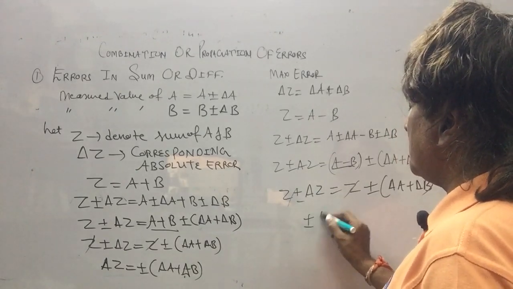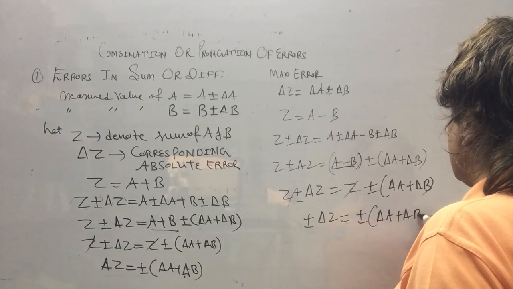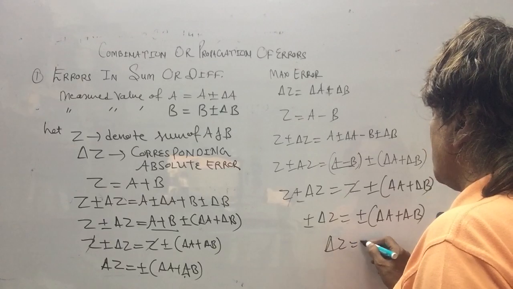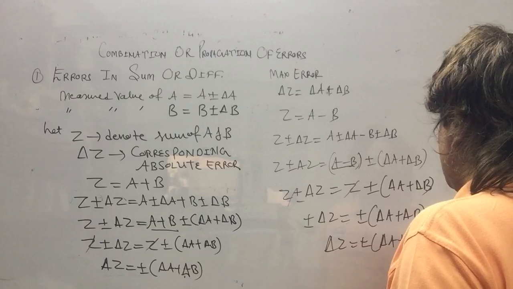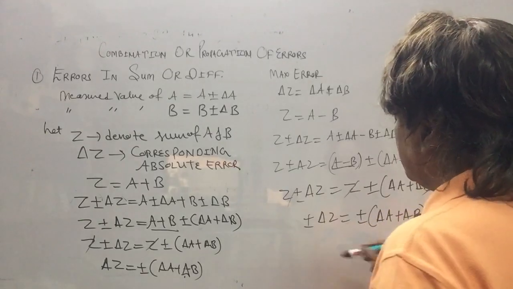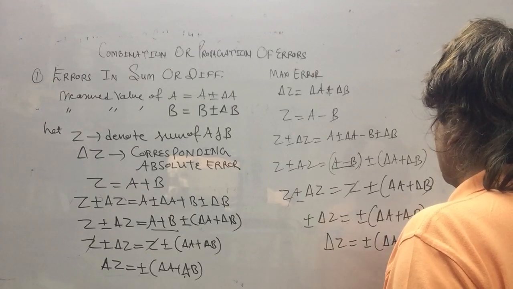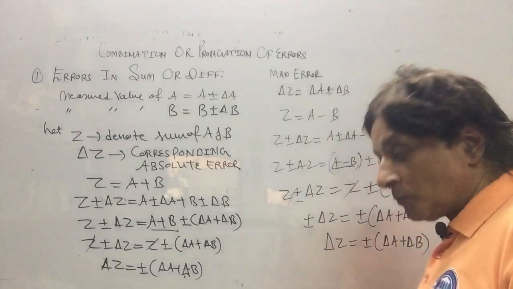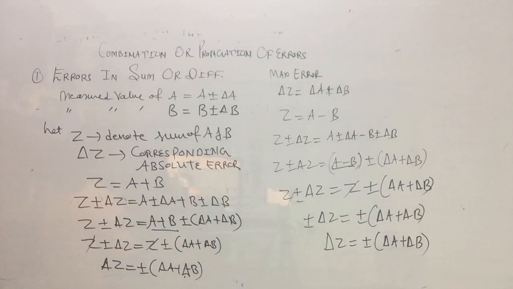The delta Z plus minus delta A plus delta B. So delta Z is equal to plus minus delta A plus delta B. How's it, students? सम में भी वही एरर है, डिफरेंस में भी वही एरर निकल के आ रहा है.